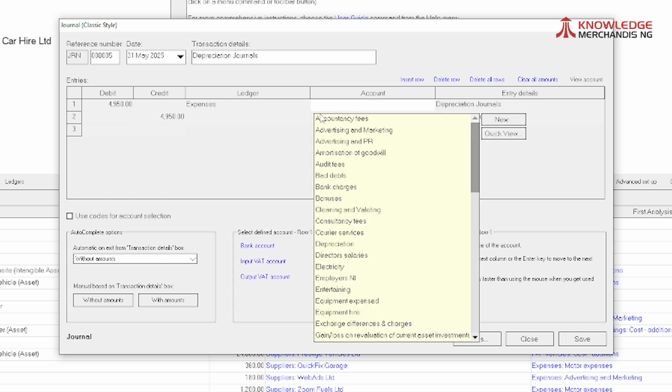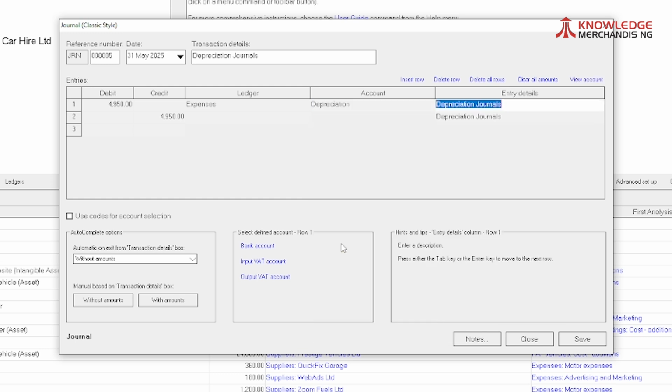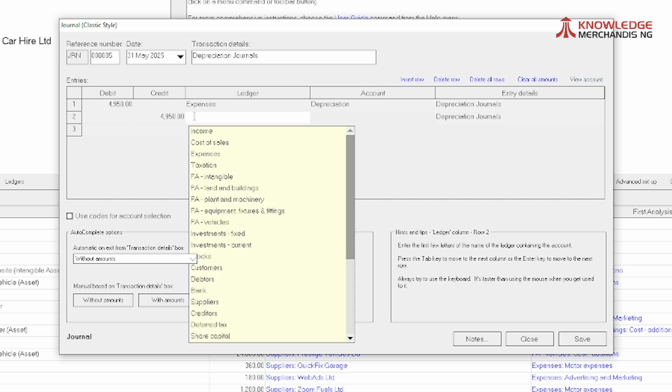It's a depreciation, and we have to select expense depreciations. Next one, 4,950 credit, which is we have to take it off from the vehicles.